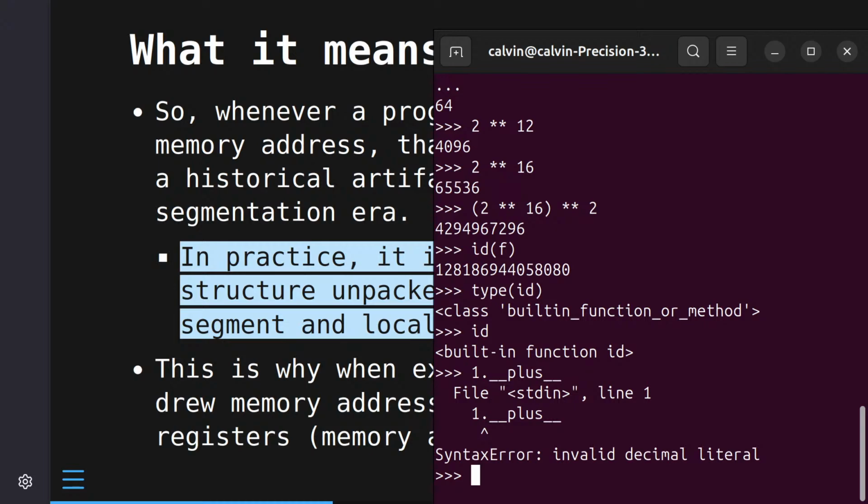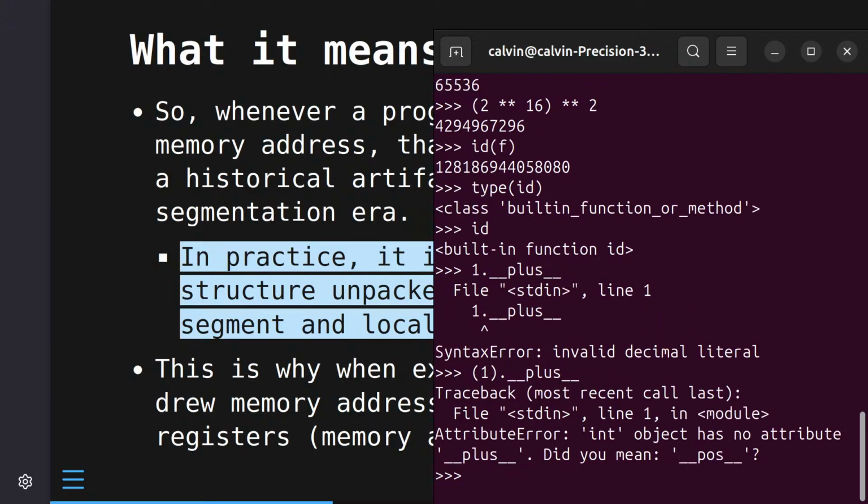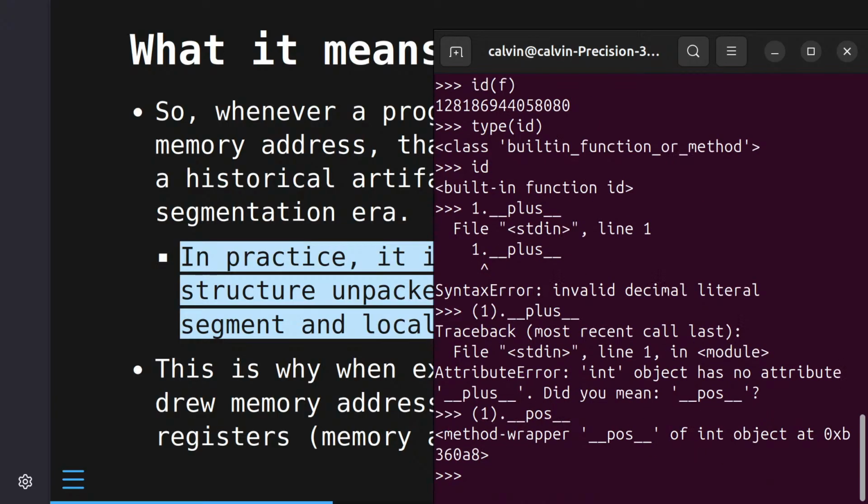I thought that would work. Oh, wait, no, I think I have to do this. You have to wrap it in that, yeah. Oh, it's a method wrapper?